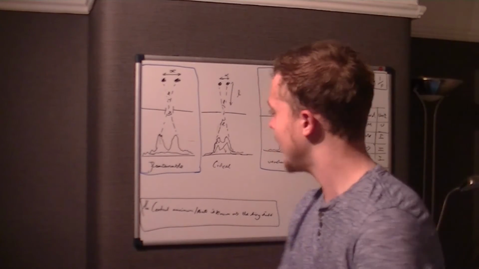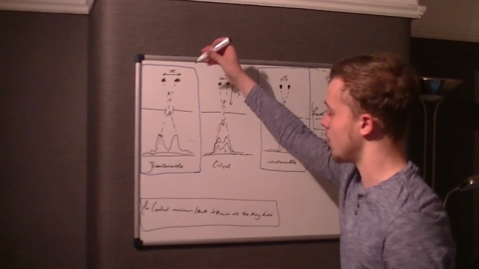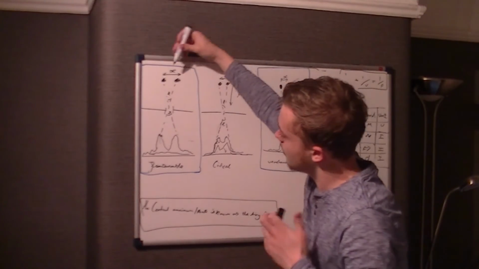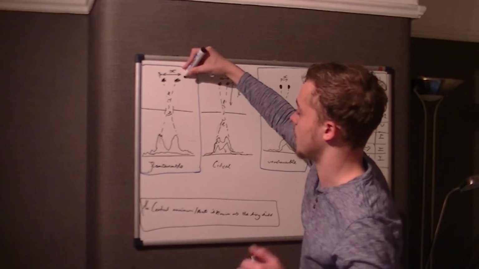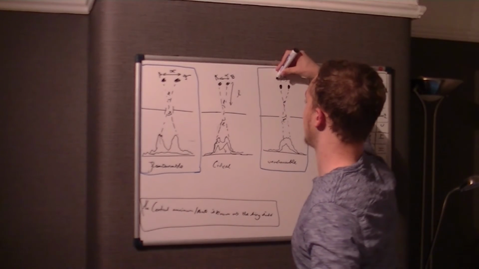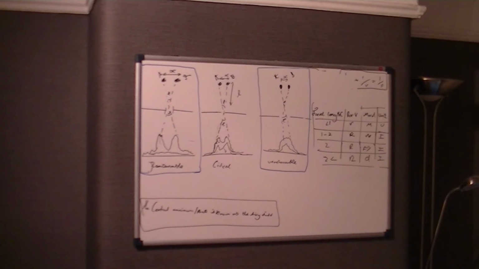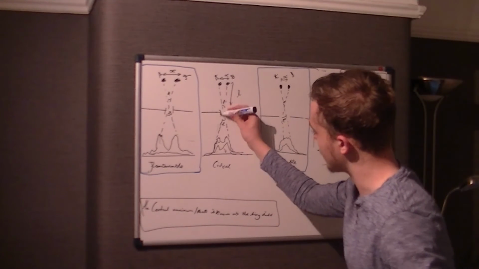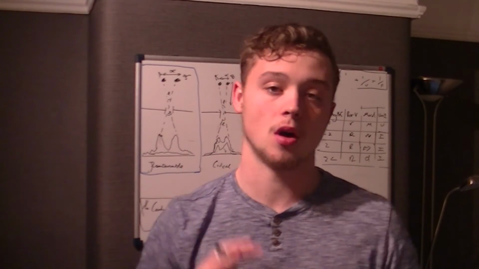Early morning stuff. Anyway, what this is showing: these two dots represent planets, planet A and B for example. This horizontal line represents the aperture of the telescope.